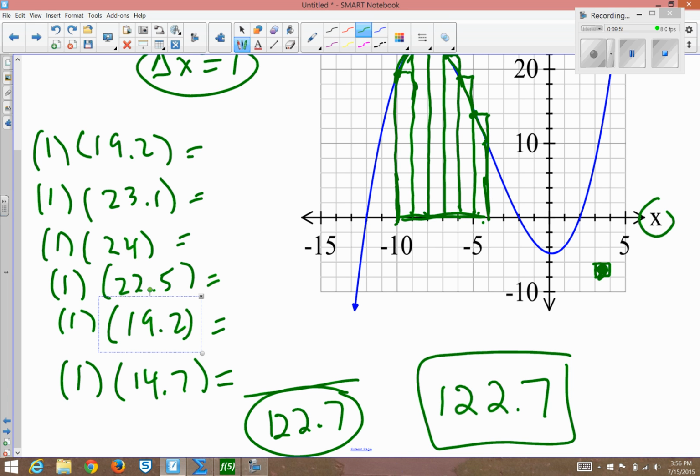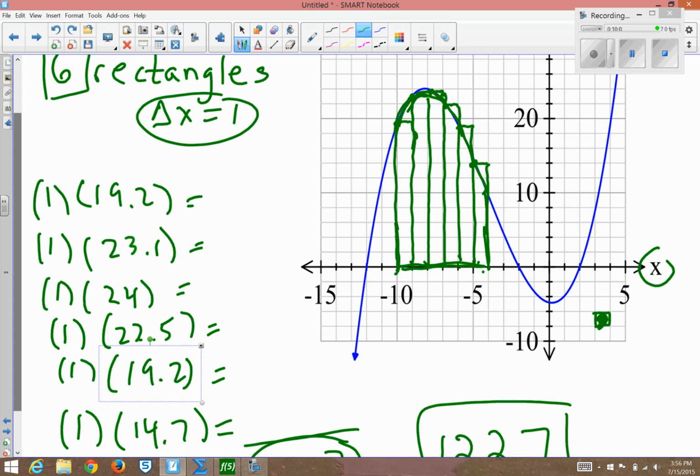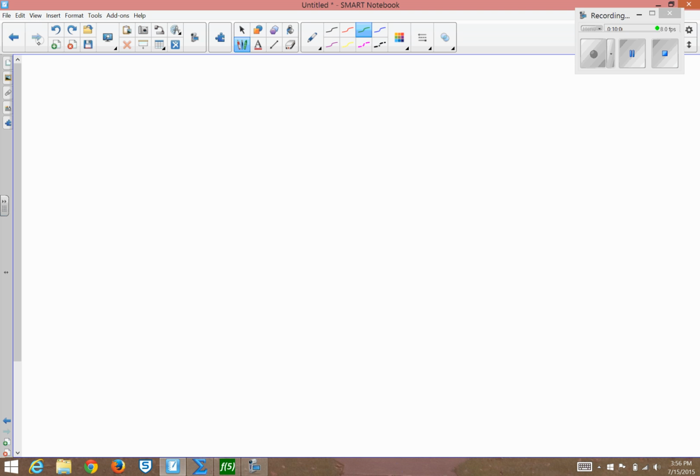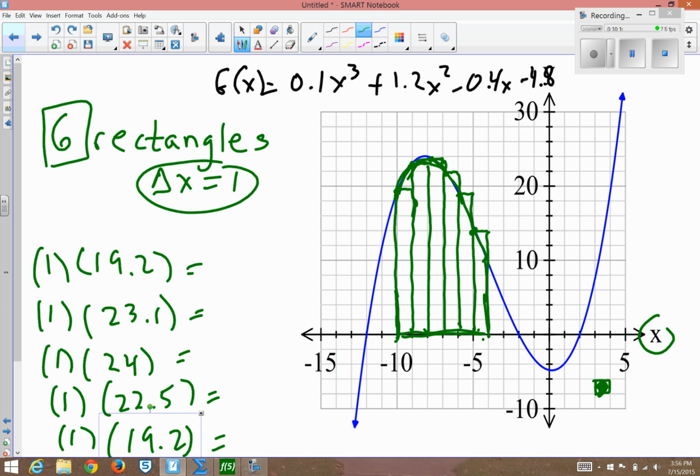Now, in calculus, we have a way of calculating the area exactly, and it goes like this. If we make skinnier rectangles so that we could fit more of them in here, instead of 6 rectangles, maybe we could make 60 rectangles, and then each one would be really, really skinny.